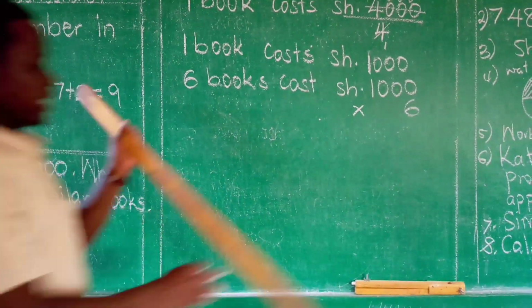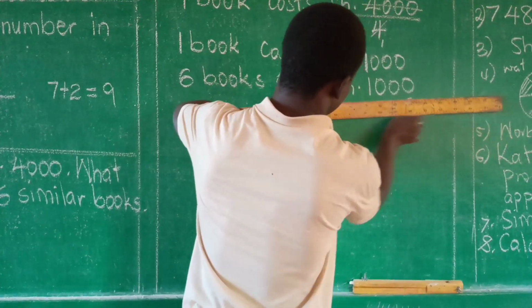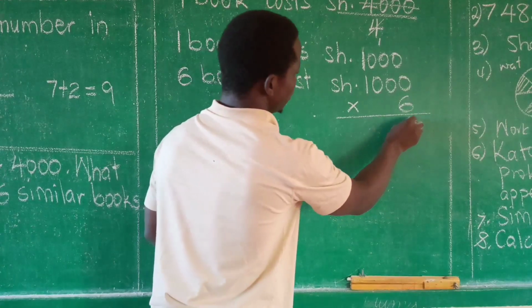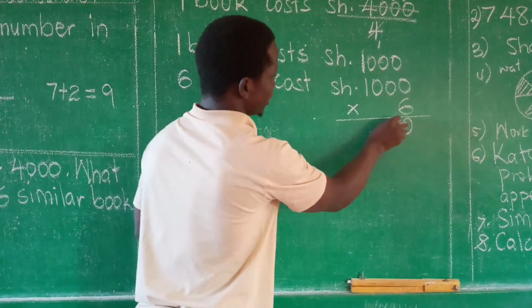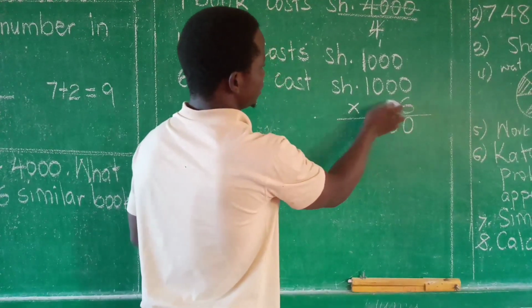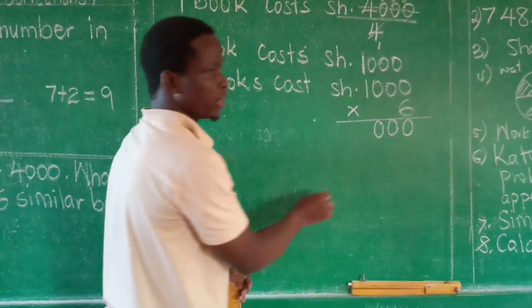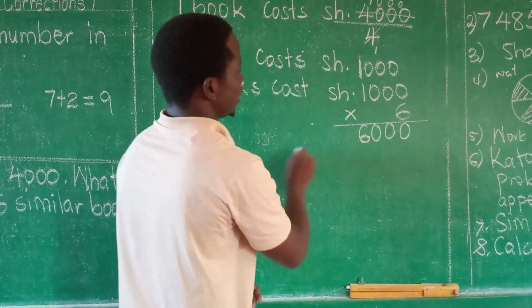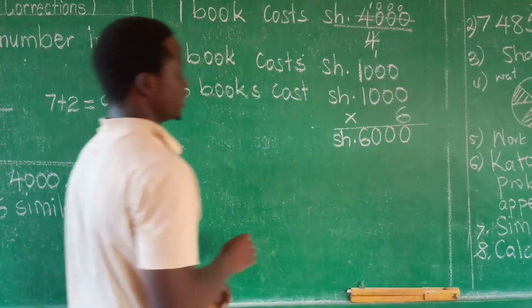And now what we get? Draw your line very well and multiply. 6 times 0 is a 0. 6 times this 0, we get a 0. 6 times this other 0 is also 0. 6 times 1. 6 times 1 is 6. And here we get 6,000 shillings.